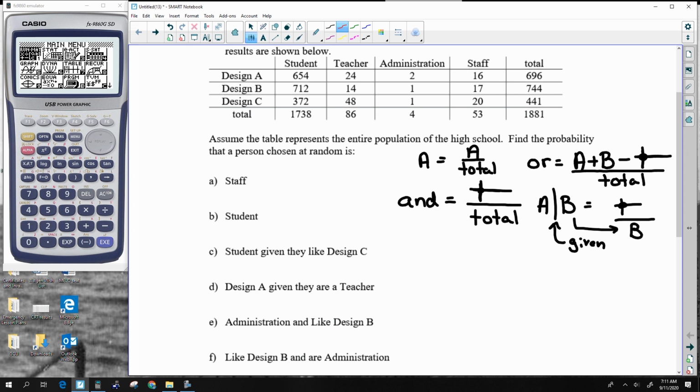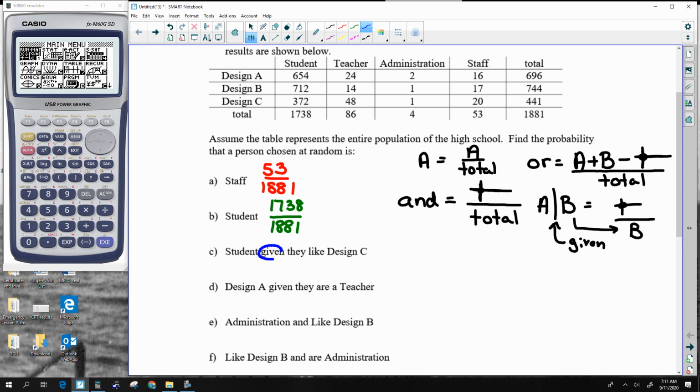So staff, there's 53 staff. Students, there's 1,738 students. Okay, here we have the word, oops, sorry, I should have probably done that in a different color. Let's go students again, 1,738.